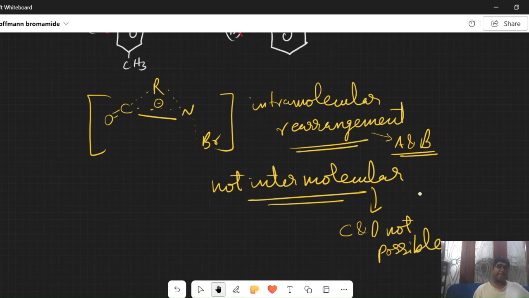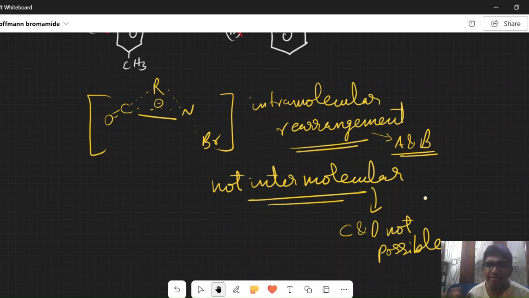This is a very deep mechanism, and there are many other reactions which follow somewhat similar mechanisms, like Claisen rearrangement, Claisen-Schmidt condensation, etc. Let us not go into details, but wherever isocyanate is formed, wherever such mechanisms are followed, they are extremely interesting because of this small confusion.